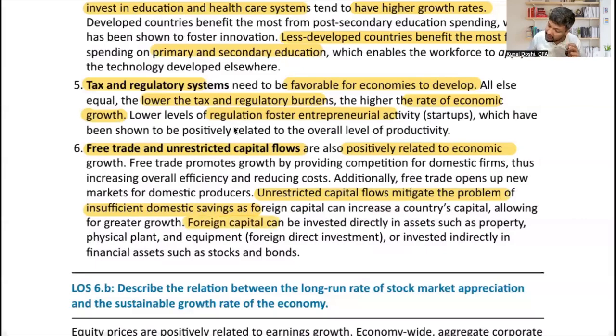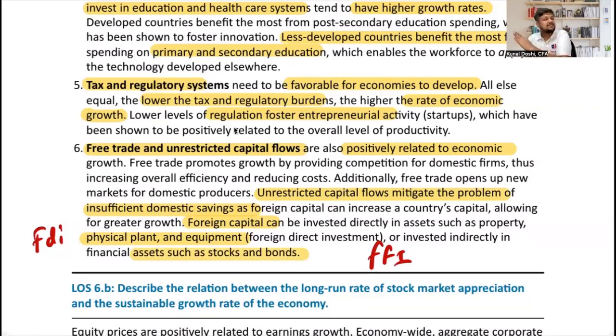Foreign capital can come in two ways. They can invest in physical property or plant and equipment, which is what we call FDI, foreign direct investment, or foreign financial investment. Foreign financial investment is when they invest in financial assets like stocks and bonds, which is also called foreign institutional investment by many.